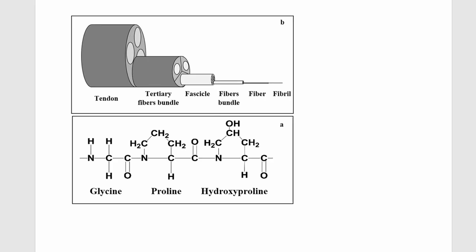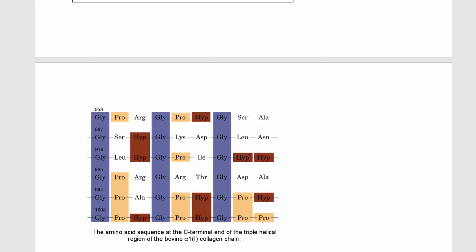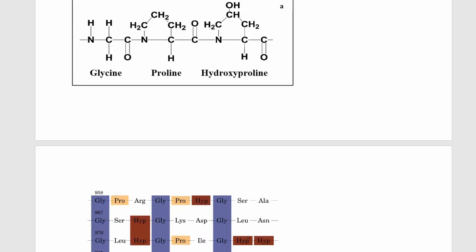So glycine, because it's in every third one, makes up about 33% of collagen. Some of the proline is modified to hydroxyproline. So proline makes up between 13 to 17% of collagen, depending on what source you're using, whilst hydroxyproline makes up about 11%. So proline is the second most common amino acid, whilst glycine is the most common.